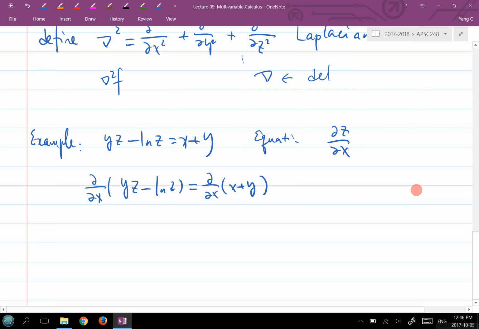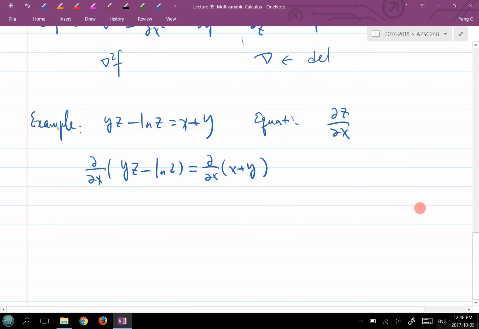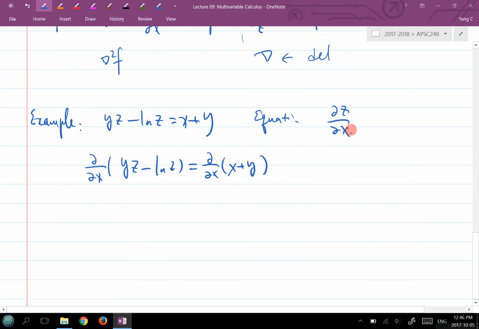Always keep in mind you're looking for partial z over partial x. z must be a function of x and y, so in this case you're going to treat y as if it's a constant.